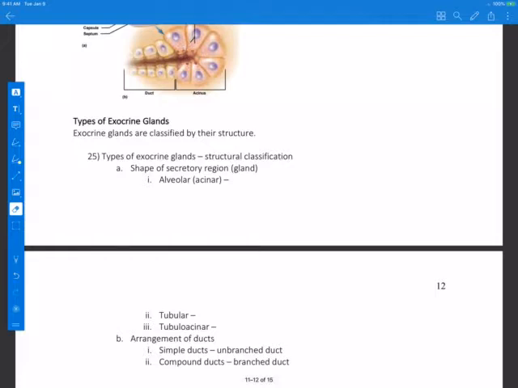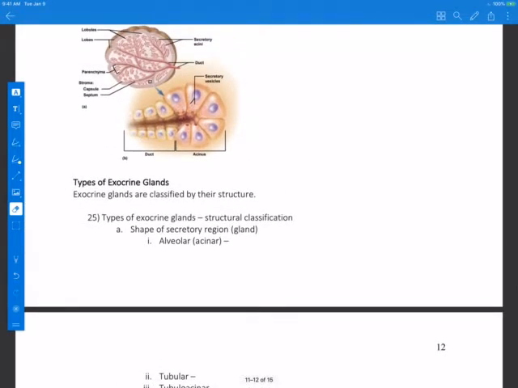And then, of course, we can go on to arrangement of ducts. If you look at the picture above, you can see how the duct is shown on the left, and then the alveolar cells that are the secretory region is shown on the right.